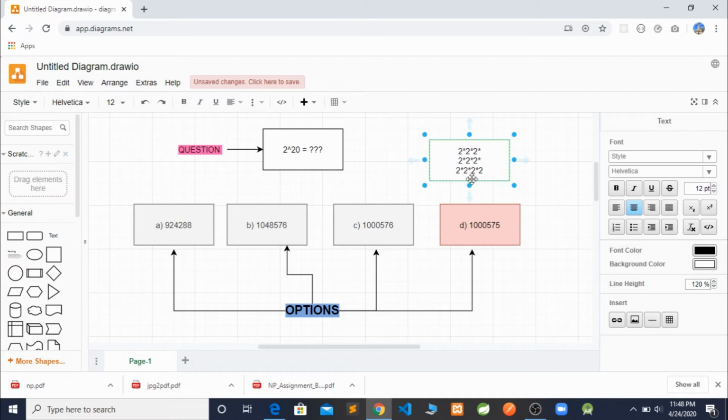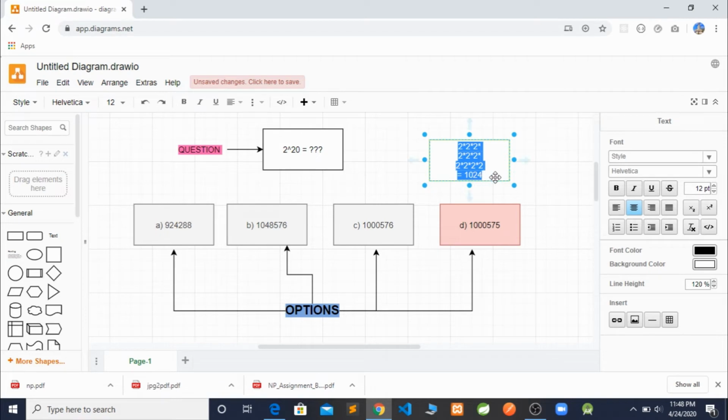one more 2. So as a whole it comes out to be 512 times 2, that is 1024. All right, we can still calculate from here, right?